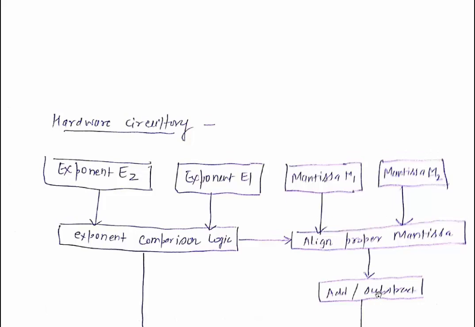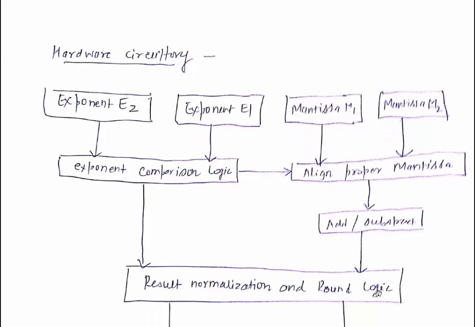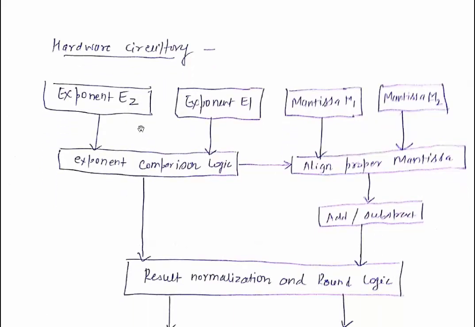So how to map this into hardware? This is your hardware circuitry. First you have to compare both of the exponents, exponent E2 and exponent E1, in the exponent comparison logic. This is your mantissa M1 and this is your mantissa M2. You compare the exponents, take the smaller exponent, and align the mantissa in proper format using this exponent comparison logic.